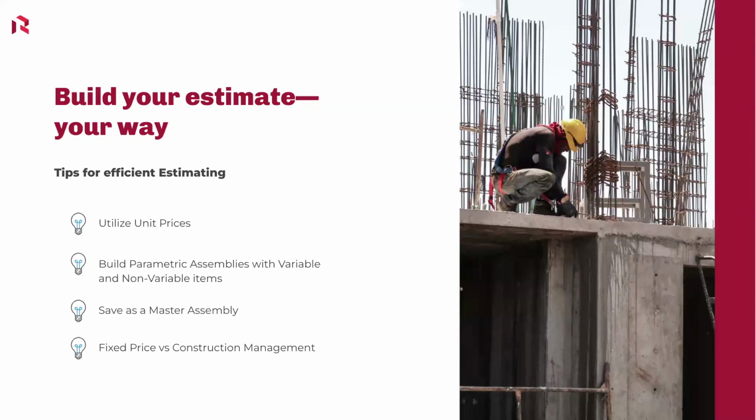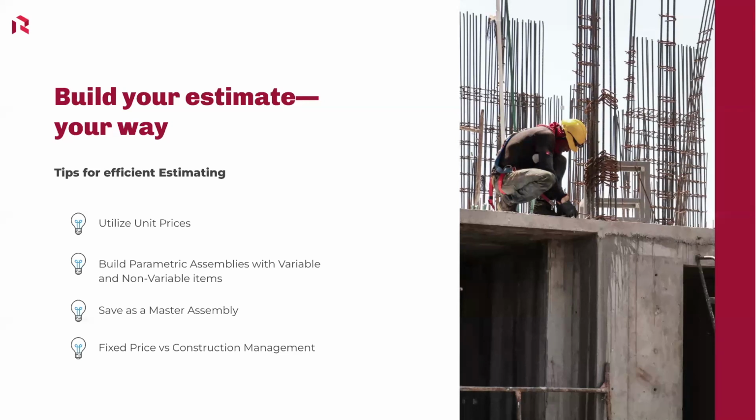The other thing would be building what we call parametric assemblies. So assemblies that have variable and non-variable items. Again, I'll show you an example, but basically being able to build an assembly that has all of the different items that are going to be needed to perform that work. And some of those items might be variable based on the overall quantity of the assembly, and some of them may not. And so you have the ability to indicate which of those are variable, which are not. Again, I'll give you an example here in just a bit.